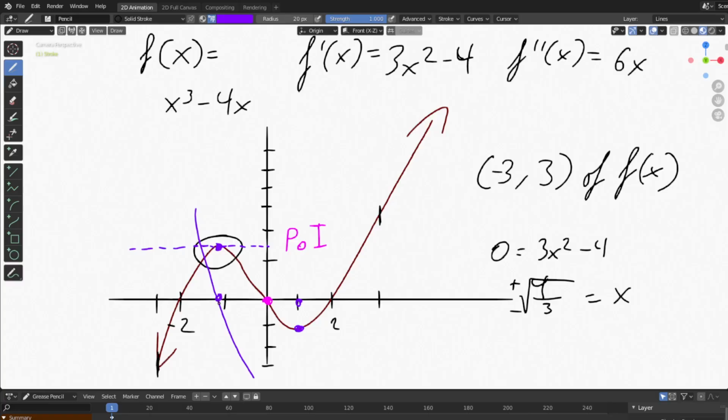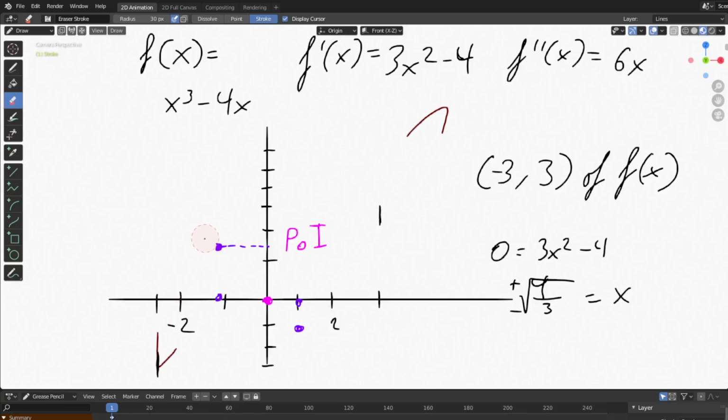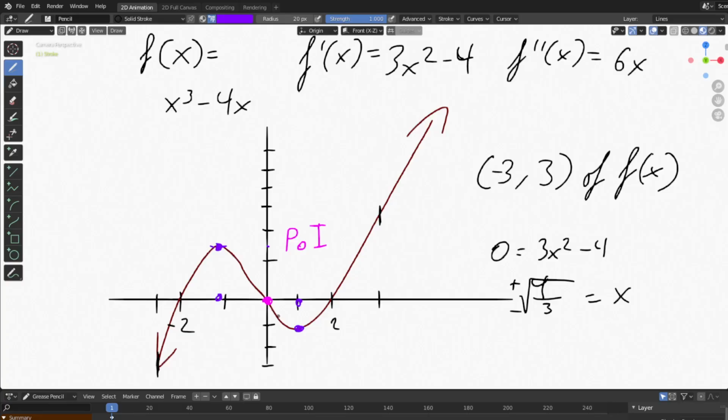So it hits 0, and then it goes to negative. That's how we know it's specifically a maximum. The opposite can be said for minimums, where it'll go from negative, hit 0, and then go to positive.